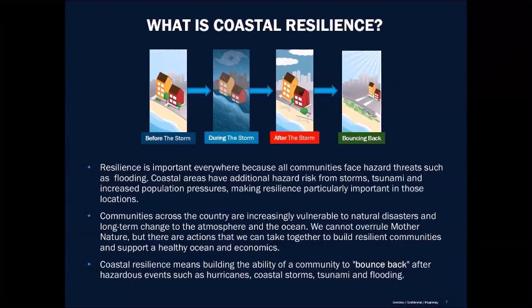We cannot overrule mother nature, but we can work together to build resilient communities. Coastal resilience means building the ability of a community to bounce back after a hazard event. If you look at these pictures, this is before the storm, during the storm, and after the storm is the damage. This bounce back process is the coastal resilience.